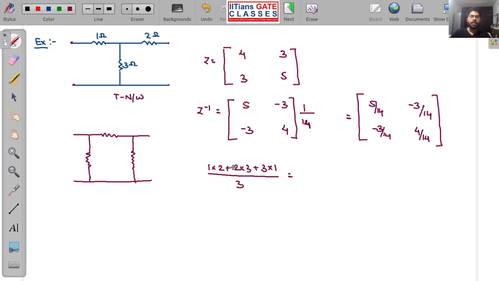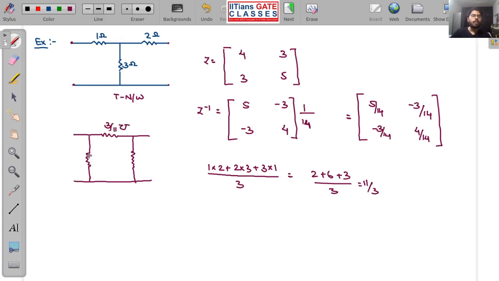So this is equal to 2 plus 6 plus 3 divided by 3. So 9, 11 by 3. So this is 11 by 3 ohm, or what? Admittance. Admittance is 3 by 11. So I am writing directly admittance 3 by 11 ohm inverse.